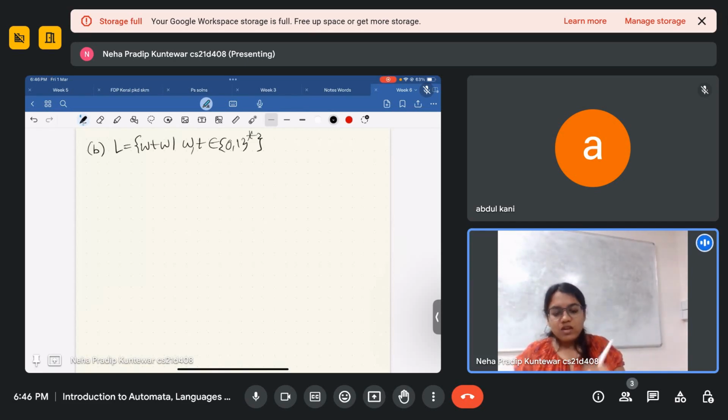So how do we show this? Again, you can basically follow the same steps as we saw in the previous example.